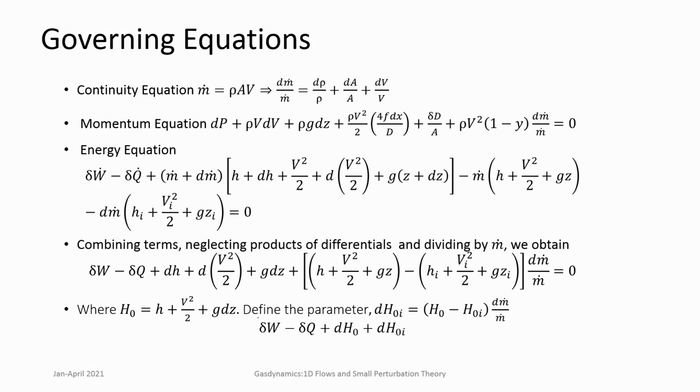So what do we do now? We write the conservation equations, now considering all effects. So now you have m dot is rho AV, and therefore area is also changing.